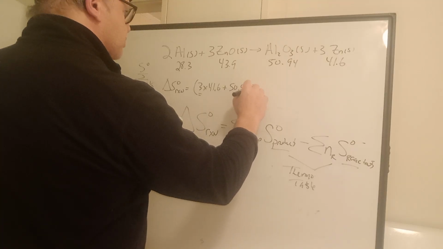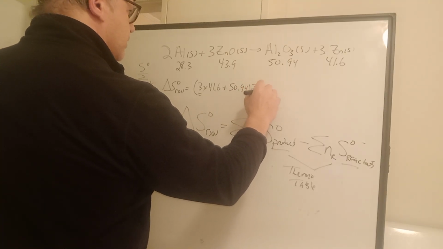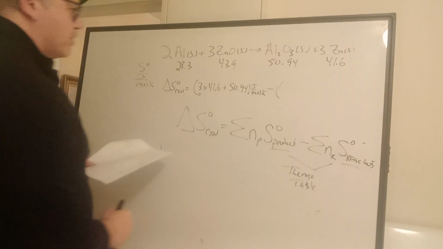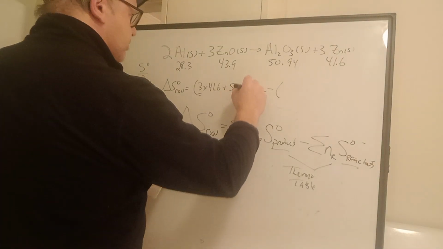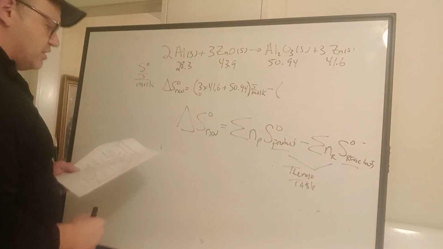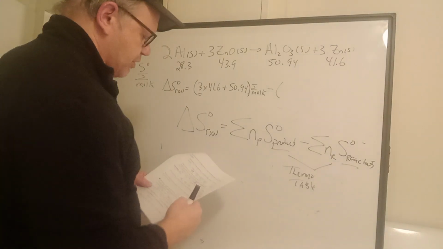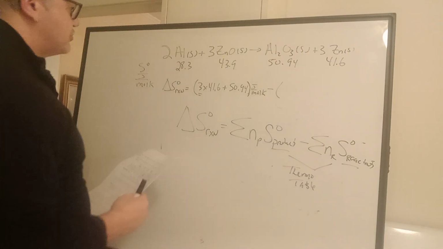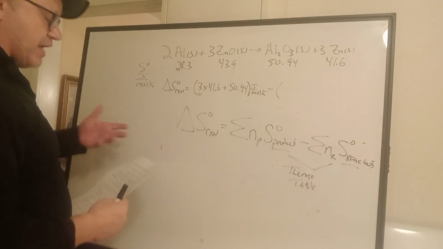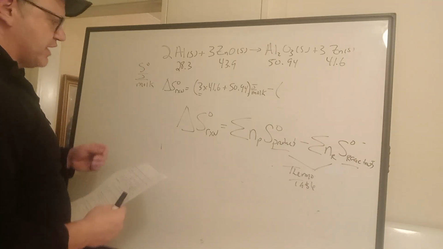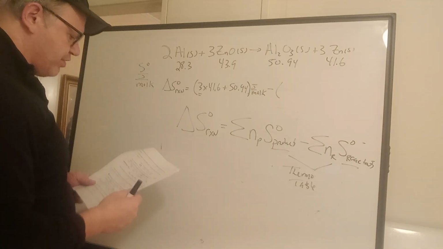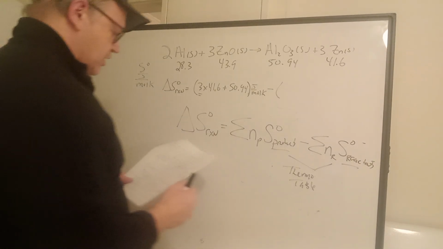This is in joules per mole Kelvin. I would always put parentheses around the second part, because in this case it's a thermodynamic calculation where there actually are no minuses, but with enthalpies you always have the potential for a minus of a minus and so forth. It's just a good habit. That's how I do it.